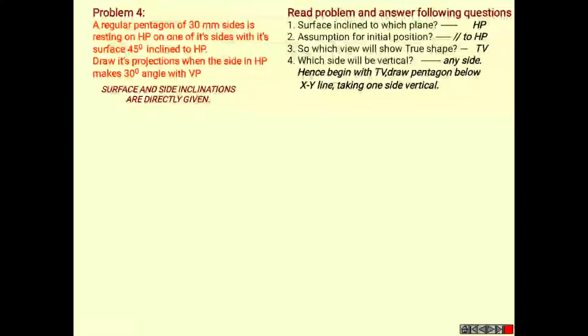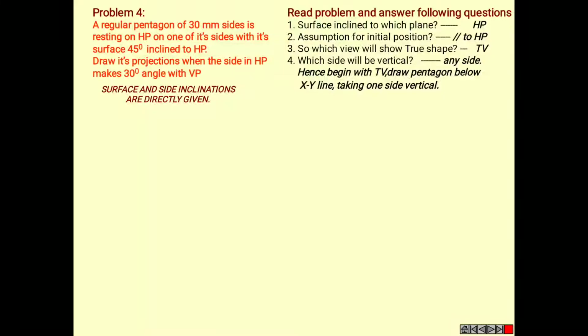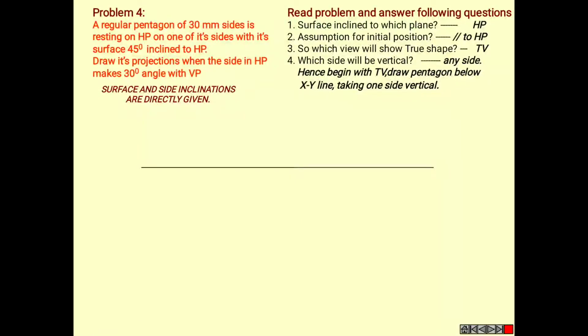A regular pentagon of 30 mm side is resting on HP on one of its sides with its surface 45 degrees inclined to HP. Draw its projections when the side in HP makes 30 degrees angle with VP. So make the XY axis line and draw a pentagon.